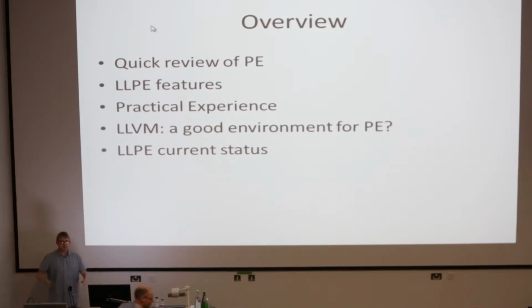A brief review of LLVM as a working environment for this sort of project. Would I do it again? Would I recommend that you do it? And the current status of the project. It's just getting on its feet as a proper project as opposed to just academic code, so come and check it out and play with it and have fun with it.